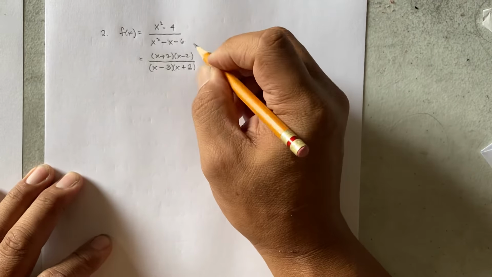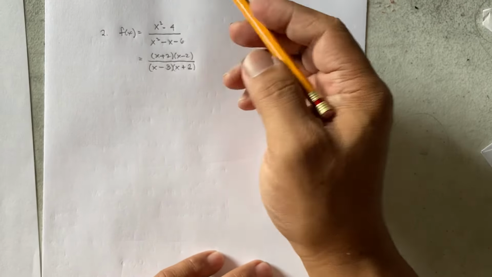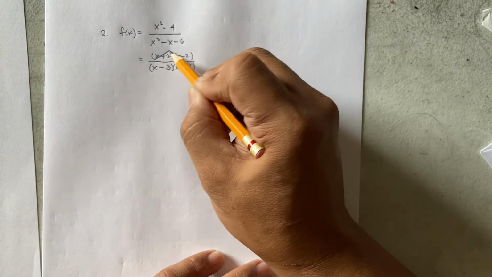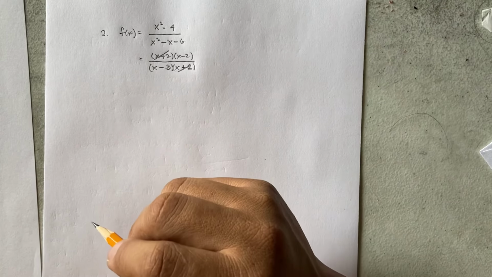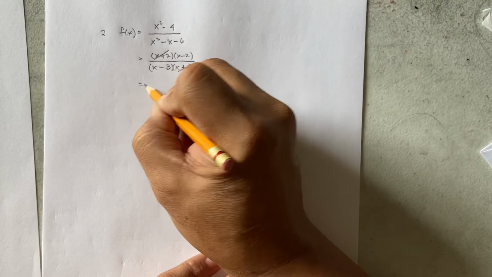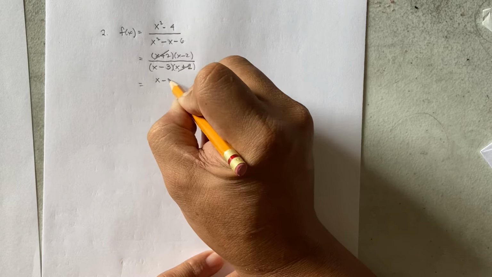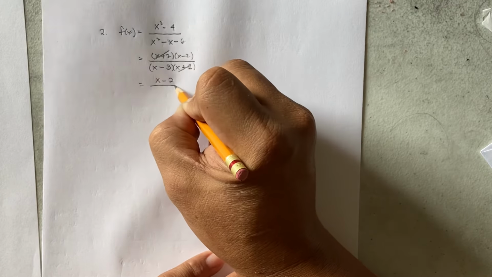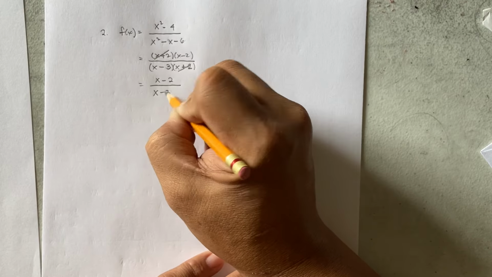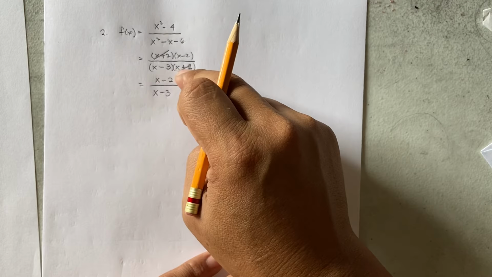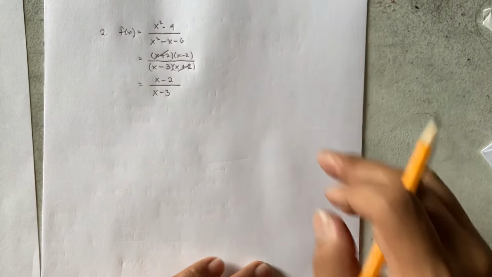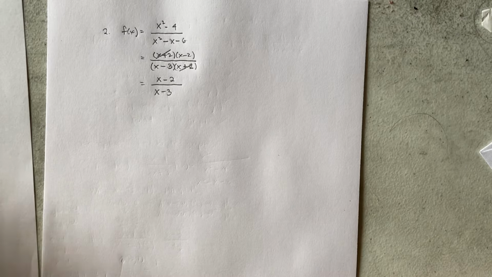And with this one here, I noticed there's a common factor in there. So we're actually reducing our function here to x minus 2 over x minus 3. So we're graphing this, and there's going to be a hole at x equals negative 2.